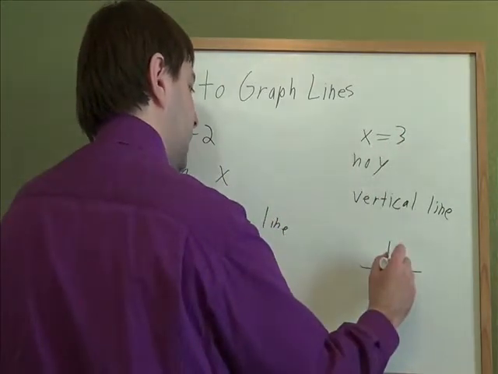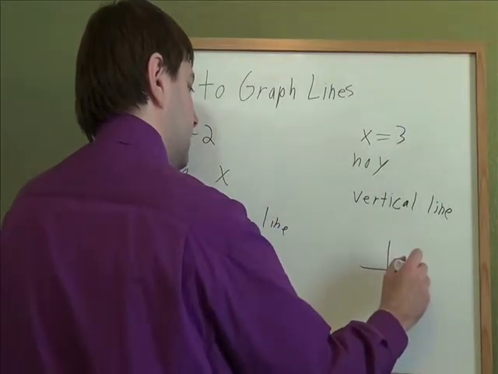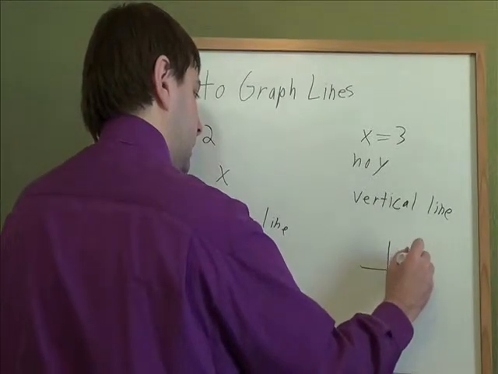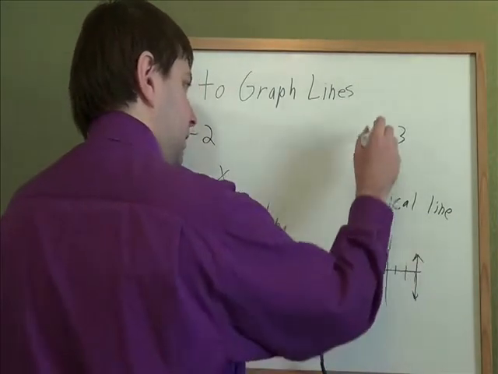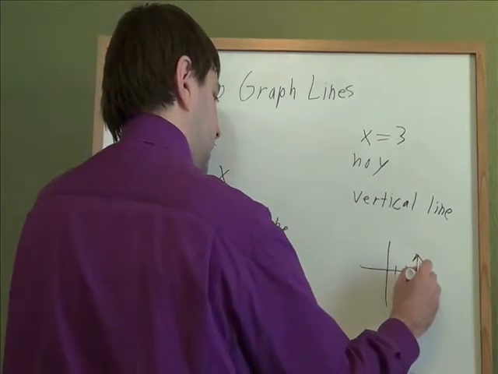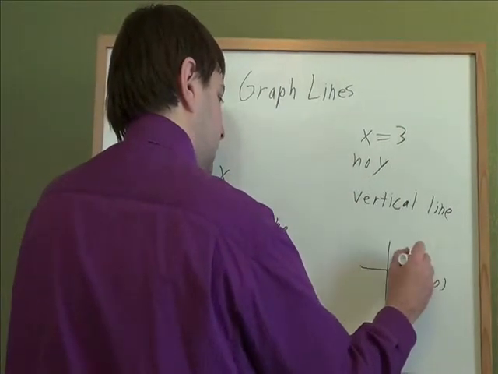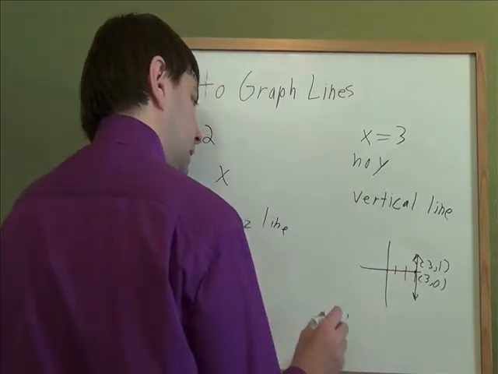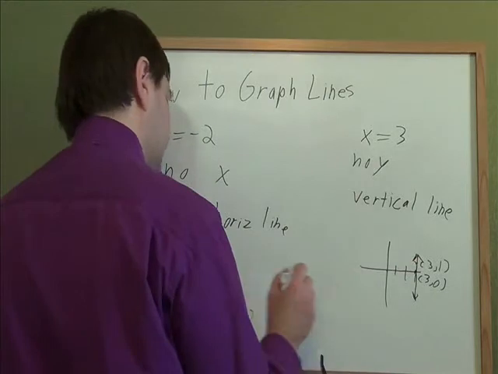For x equals 3, I go to the right to where x is 3, make my line through there. This line has a lot of points on it where x is 3. It's got the point 3, 0, it's got the point 3, 1, really 3 comma anything. That's why it's a line x equals 3.